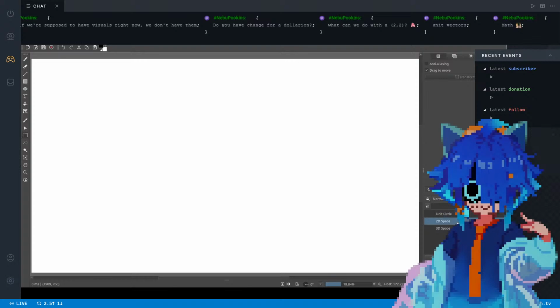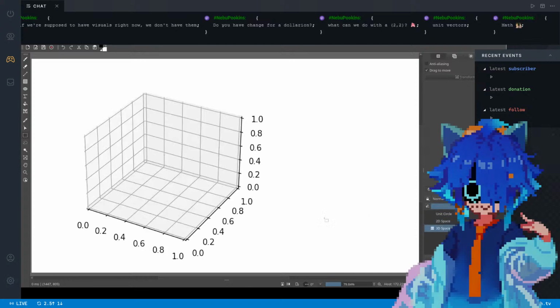Does a rotation of 45 degrees mean a rotation around this axis? Or a rotation around this axis? Or a rotation around this axis? Or a rotation around some other random arbitrary axis? So we start needing to think about rotations as an axis plus an angle.